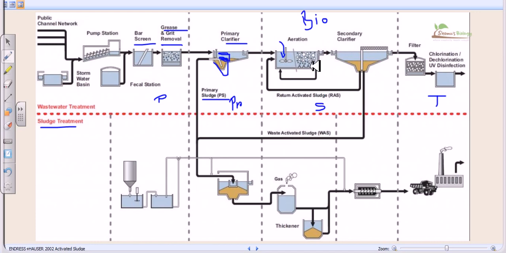Now right after release from this aeration basin, we have another clarifier which is called the secondary clarifier, because this clarifier is a little bit bigger, and this is placed in the secondary treatment. That's why it's called the secondary clarifier.